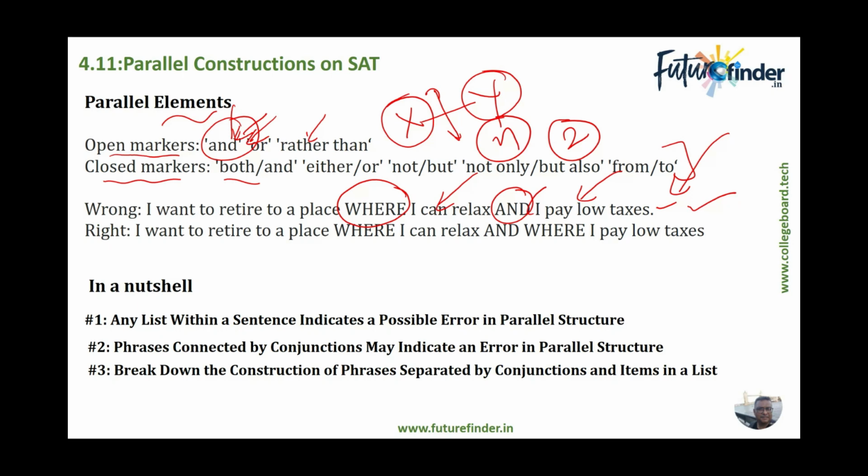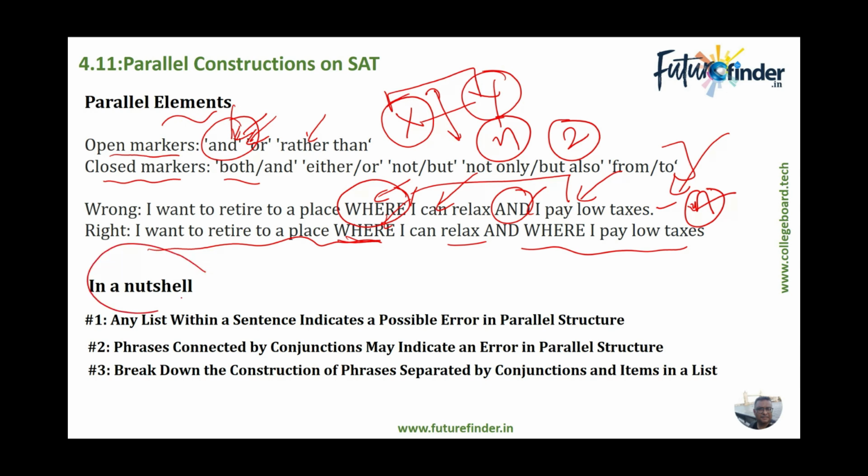So this is not a closed marker where it is the choice between A or B or X or Y. It could be n number of items. So in this kind of an open marker, we need to repeat this word where. So I want to retire to a place where I can relax and where I can pay low taxes.